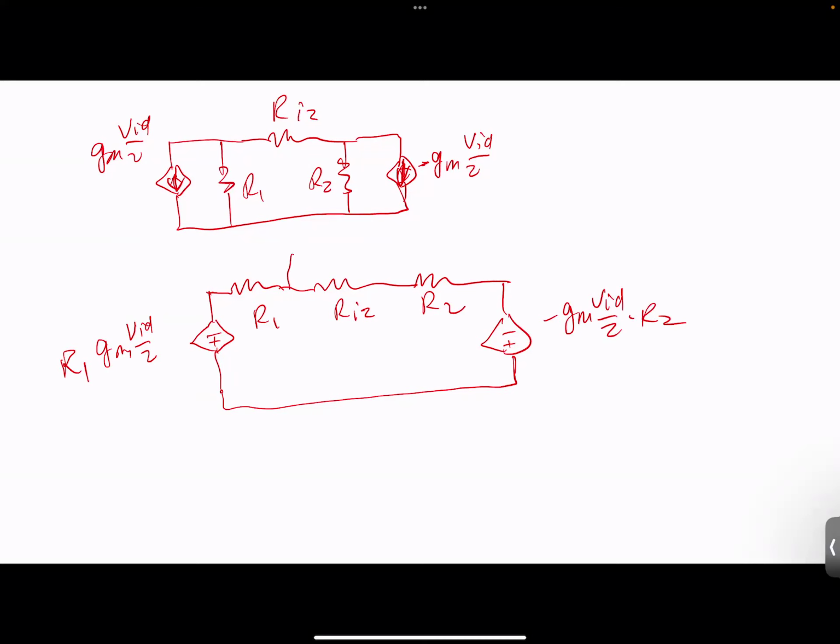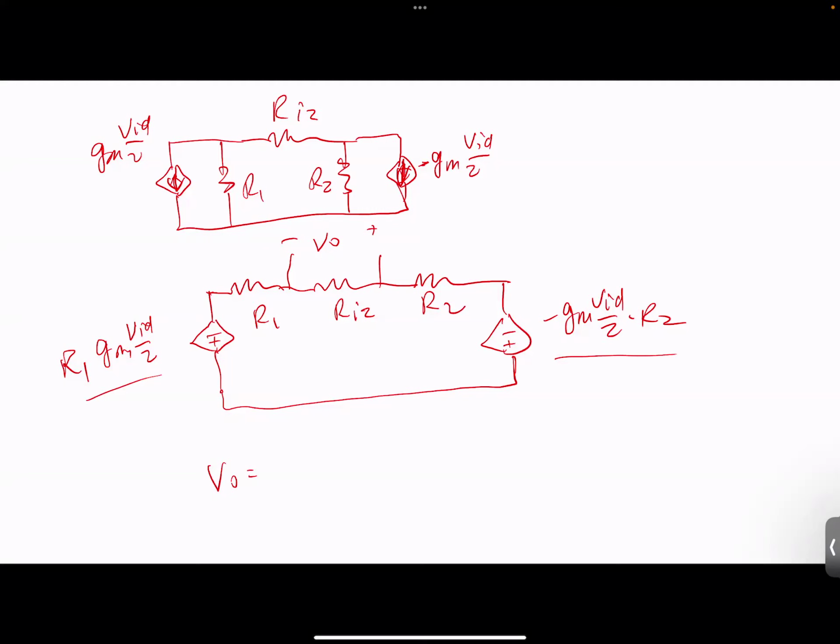So now I can find out easily what VO is, because now I really have just the 2 voltage sources in series and 3 resistances. So I can have VO equal to the 2 voltage sources. By the way, they are in the same direction, but one is positive, one is negative, so they actually add.